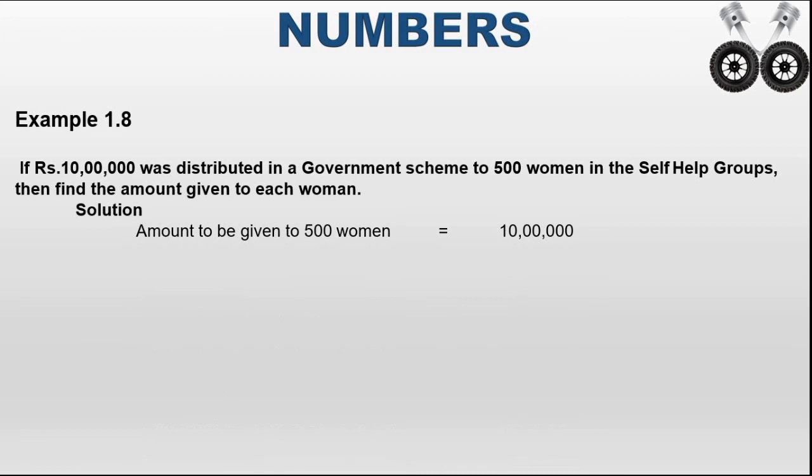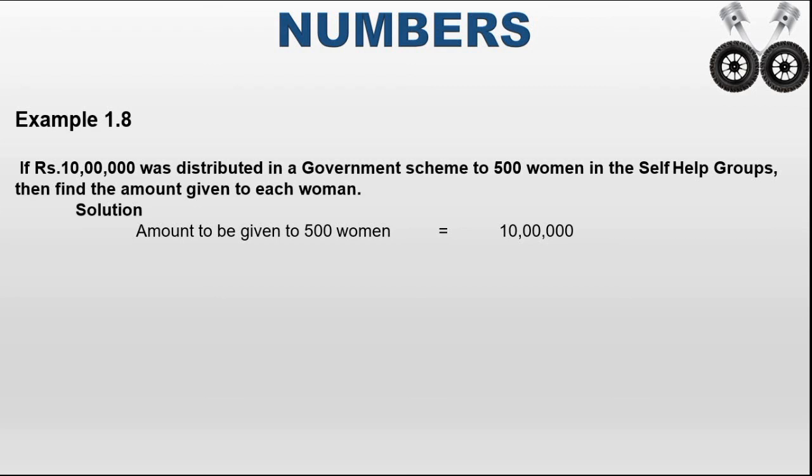How much? 10 lakh to the women who are in self-help groups. That means like the Tamil Nadu Mahalir Suya Udavi Kulu, one women welfare department. They are distributing that 10 lakh to how many women? 500 women. They ask you to find the amount given to each woman.